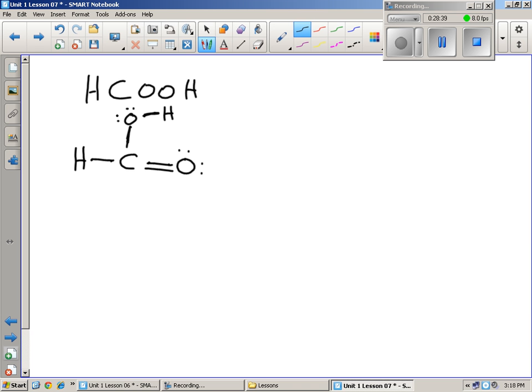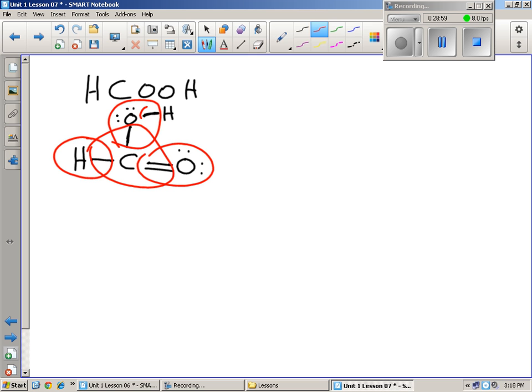It's just like math. Once you find X, you plug it back in and see if it works out. Once you find this molecule, does each one have 8? Does hydrogen have 2? Well, I'm sure it does, but let's double check. 2, 8, 8, 8, 2. So it looks good.